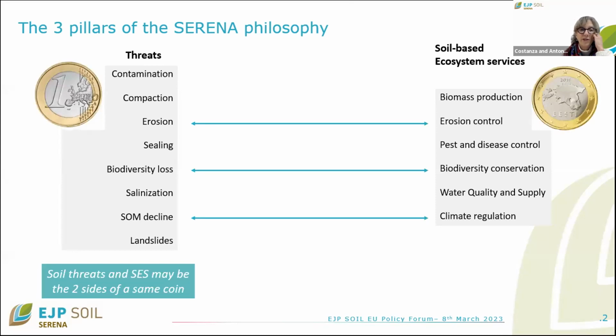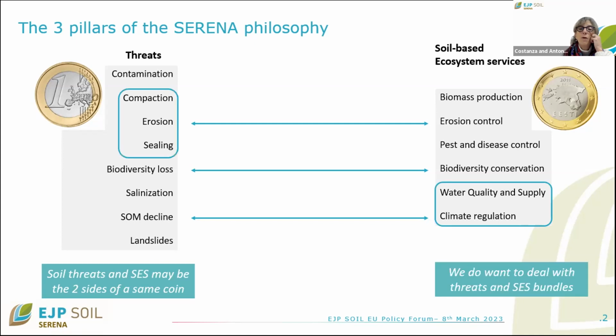And we rely on 3 pillars. Our philosophy, let's say, is that threats and ecosystem services are in fact linked, and that in some cases they can be the 2 sides of the same coin. What we want to do is to assess these 2 sides and to deal with the threats and ecosystem service bundles.